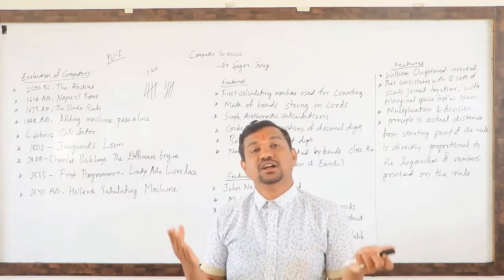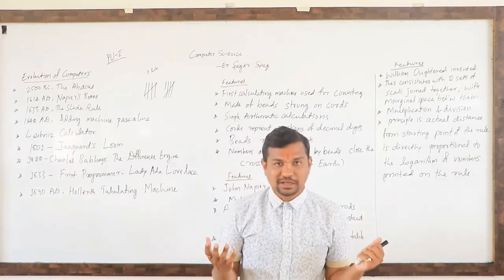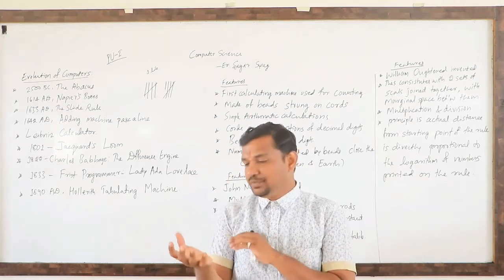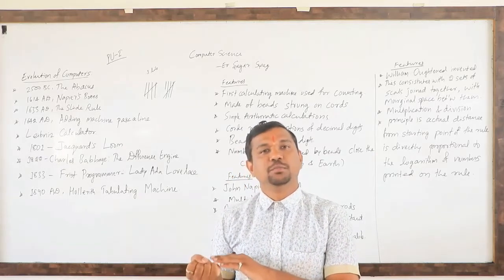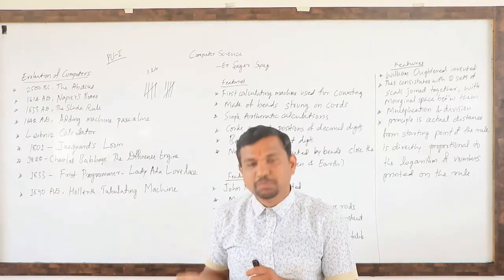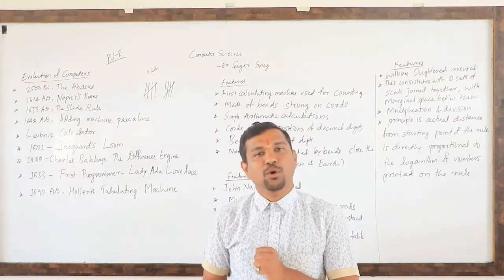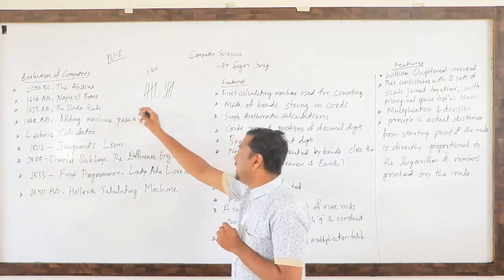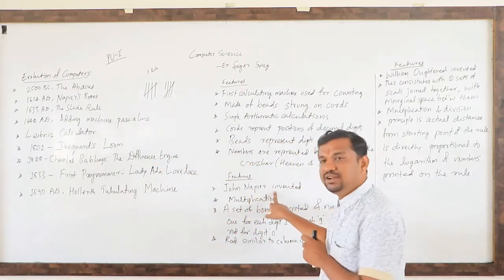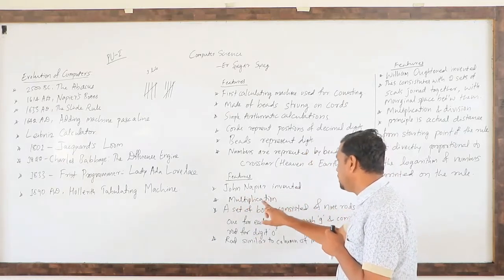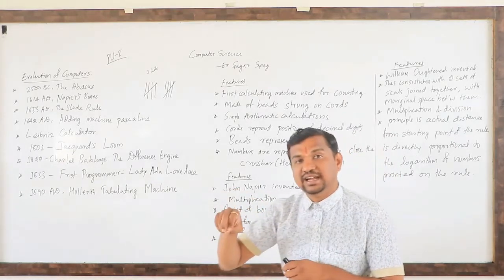Because you might have heard regarding the Mahabharata, Mr. Shakuni is using bones to play that game. For that purpose, he is going to use the bones. Like that, the bones were invented for calculation. John Napier invented that one, and multiplication was added.